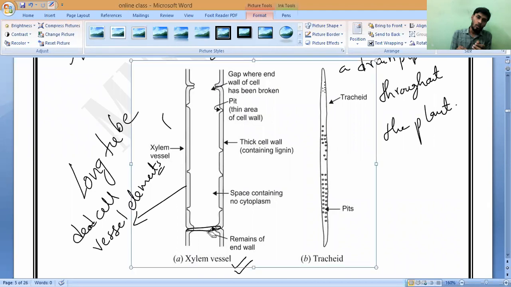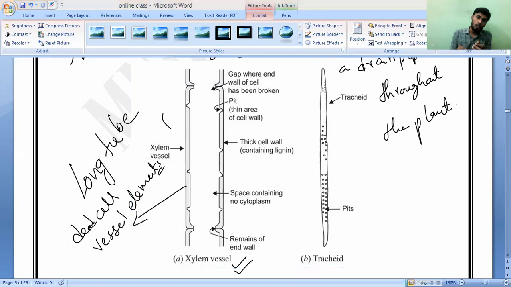So xylem vessels also are similar to how we used to connect the pipes in our regular way. The same way these xylem vessels are also connected. These are like tubes which have been joined one end to another end. So these end walls of the cells have broken down, so a long open tube is formed.